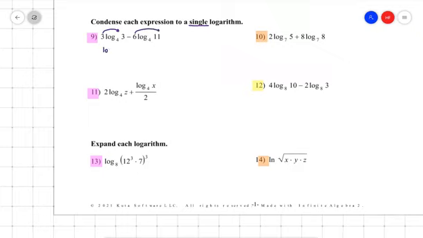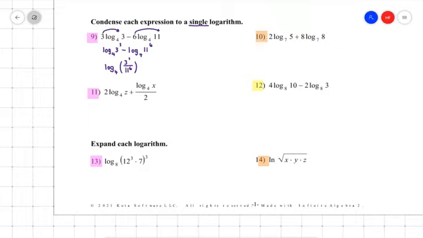So we've got log base 4 of 3 cubed minus log base 4 of 11 to the 6. And that minus sign tells me that I can take them and divide. So log base 4 of 3 cubed over 11 to the 6, which I can simplify a little further.